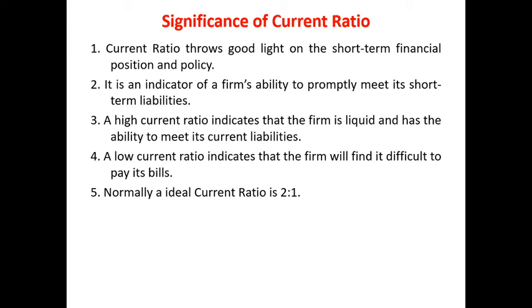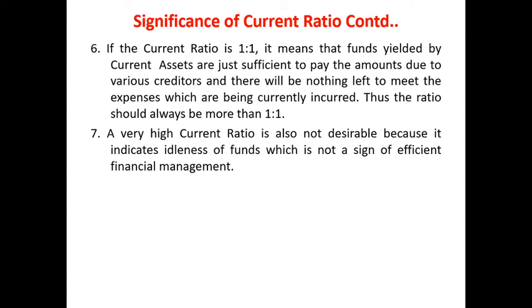The last significance is that normally an ideal current ratio is 2:1. It should not be less than 2:1 or more than 2:1. These are all the significance of current ratio. Next, there are a few more significances.